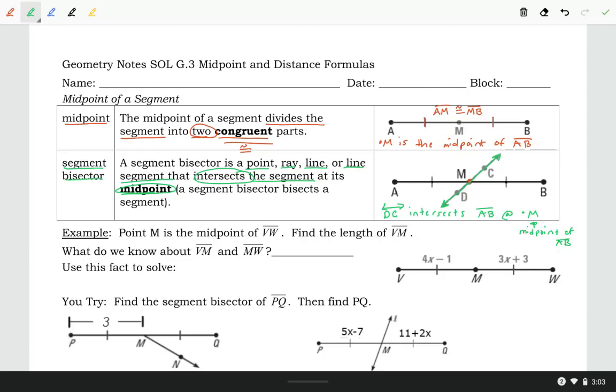So that means that line DC is a segment bisector of line segment AB.